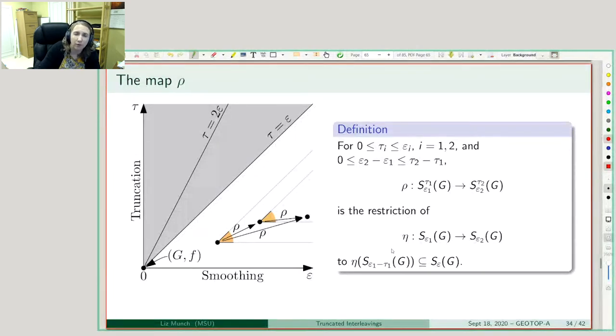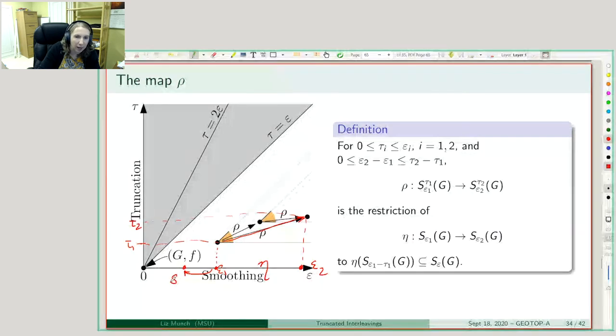How do I do that? Well, if I've got S_epsilon1,tau1 and S_epsilon2,tau2, in this particular example, this is epsilon 1, epsilon 2, this is tau 1, this is tau 2, let's pretend those lines are straight. My rho map, which I'm currently talking about on the bottom, is the restriction of eta, which is the map that would have gone across from the epsilon 1 smooth to the epsilon 2 smooth graphs, restricted to what happens if I look backwards by tau.